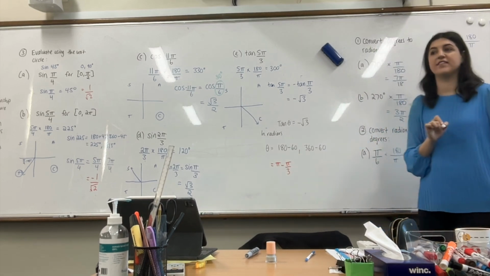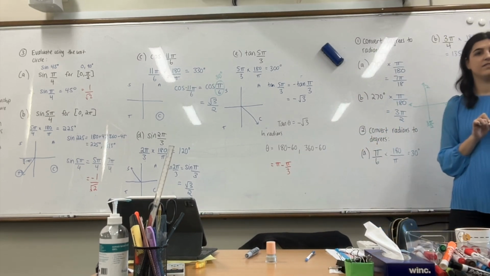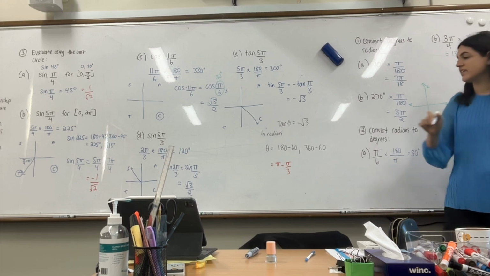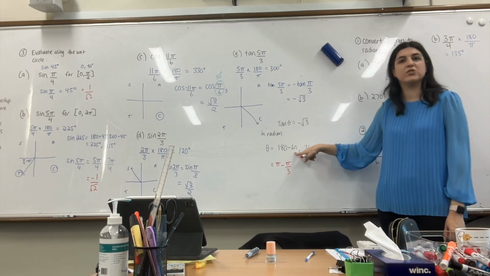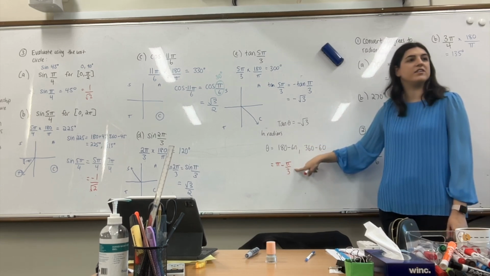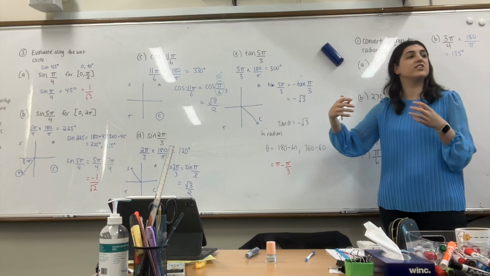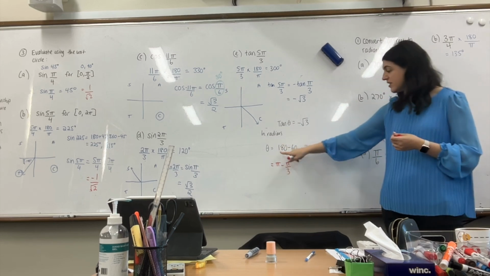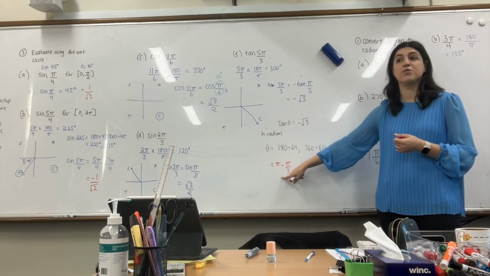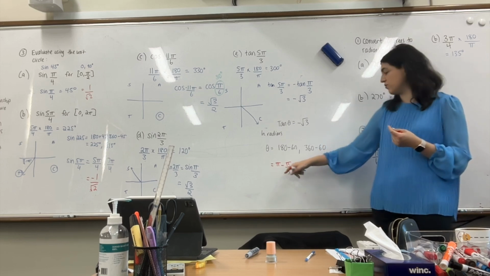Can you see how that looks different? I'll pause there. Because here, it's really easy. We can see what it's going to be already, 120. But when you're working with radians, you're working with a whole different set of measurement, and it's not quite easy to sight by eye. So that's why I always get you to write it like this with radians, in order to make sure that you get the right value.